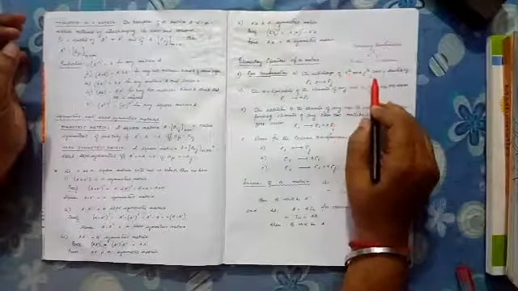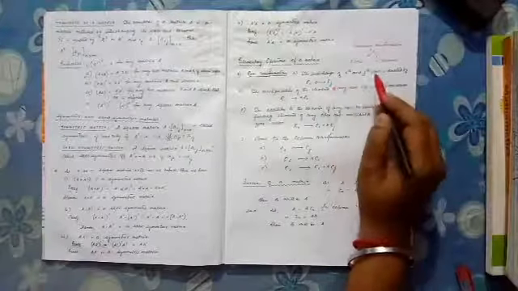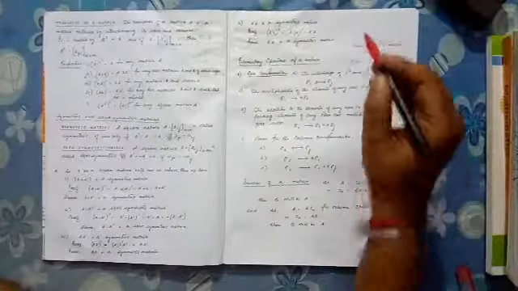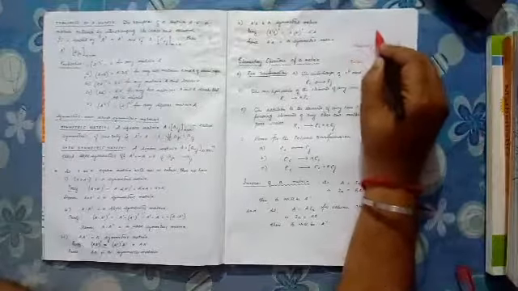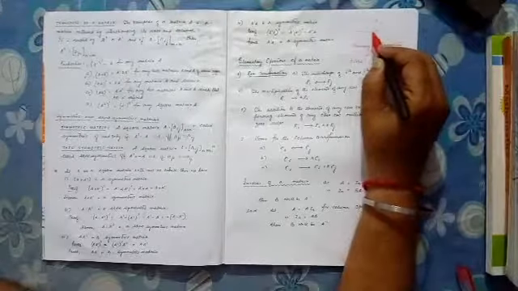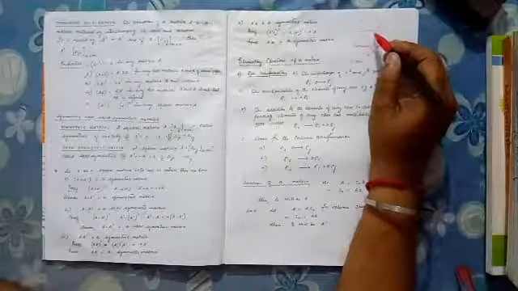Number one, the interchange of ith and jth row is denoted by Ri, Rj. These rows are interchangeable. Say this is R1, this is R2. We can write R2 here, we can write R1 here.